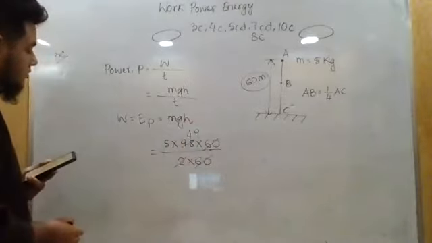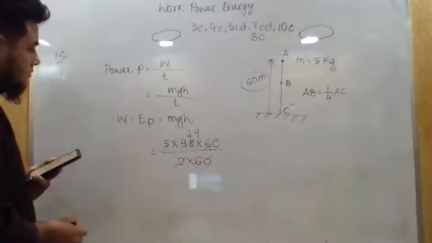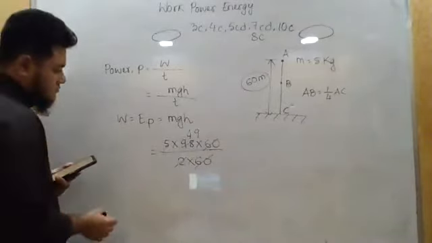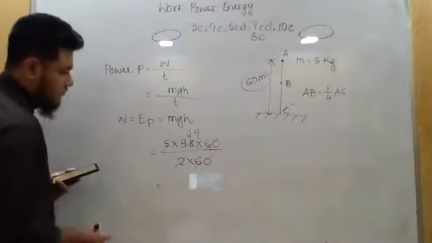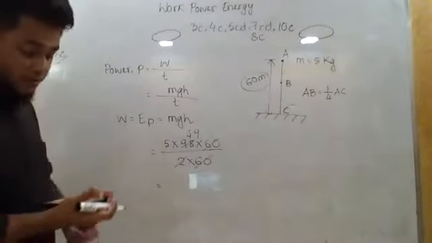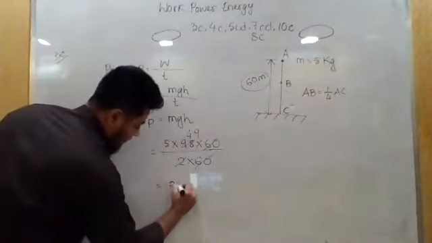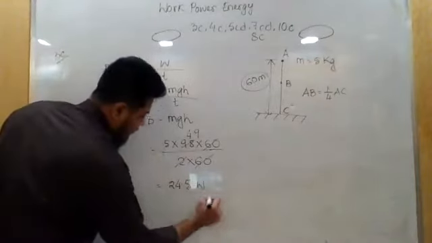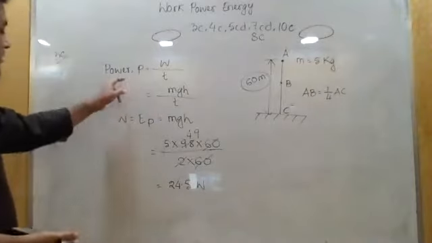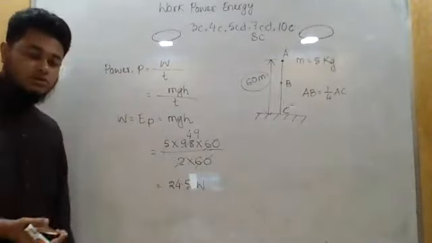So it will be something like 24.4. I don't know. Can you calculate and see? Oh, 24.5. 24.5 watt. The unit of power is watt. Okay, understood?